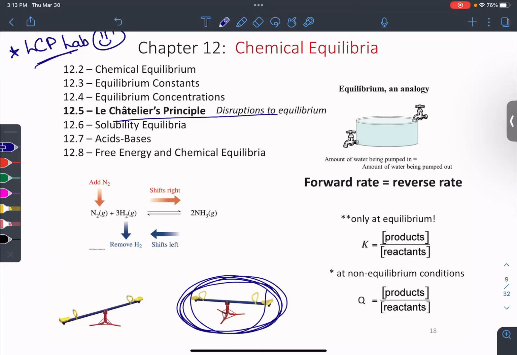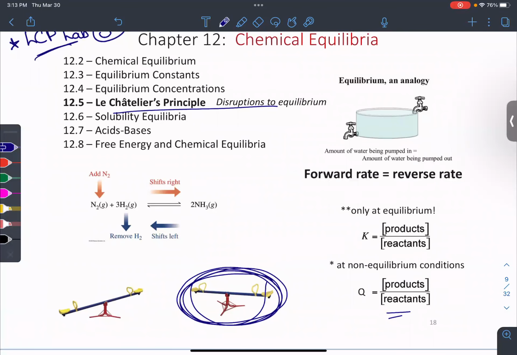I actually call that my quick and dirty way to Le Chatelier's principle, but it's based upon something a little bit more concrete and numerical, and that's calculating Q. Essentially, with Le Chatelier's principle, we are disrupting forward rate equals reverse rate, just for a moment.